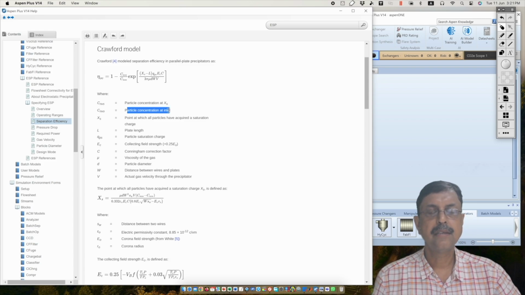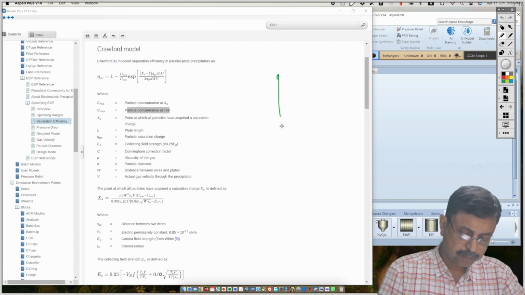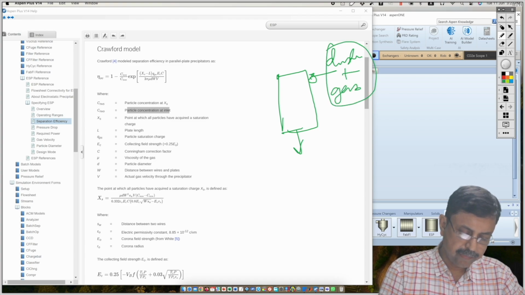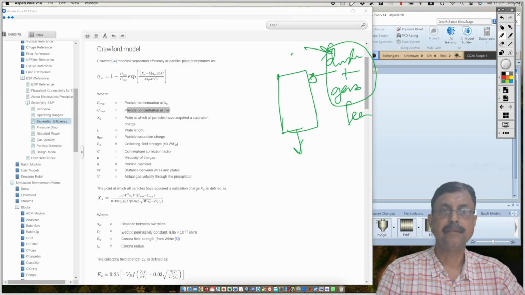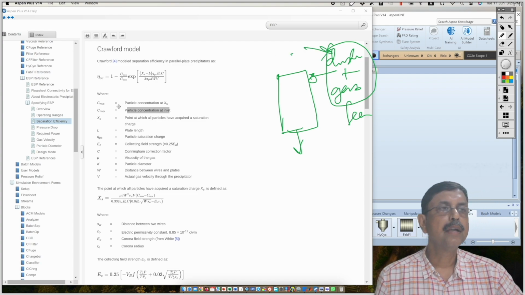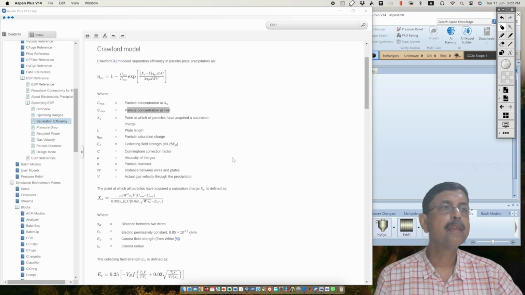So that is the XS, and CNVS is the particle concentration at XS, and CNVO is the particle concentration at the inlet. So this is the dust plus gas, that is feed. So the concentration of dust over here is exactly CNVO. And then L is the plate length.